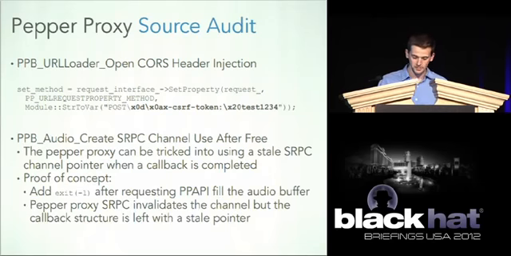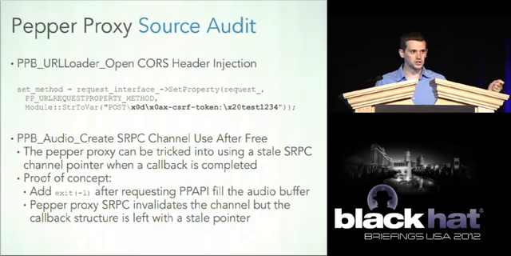Another cool vulnerability that I found was this PPB audio create use after free. And this goes back to that really complex glue code that sort of binds the Pepper proxy and SRPC. I found that what you could do is trigger the audio interface, for example, to fill up some buffer and then trigger a callback when it was done.